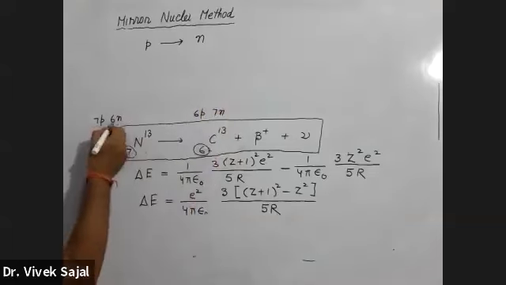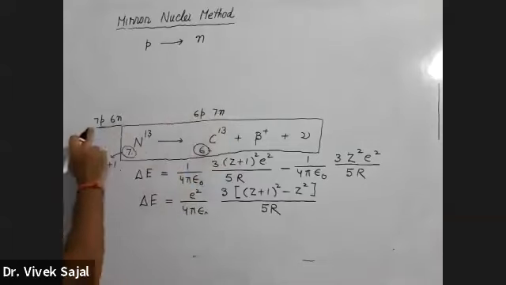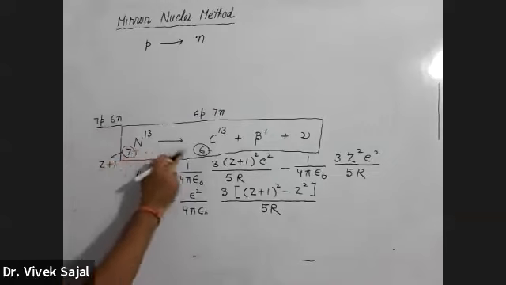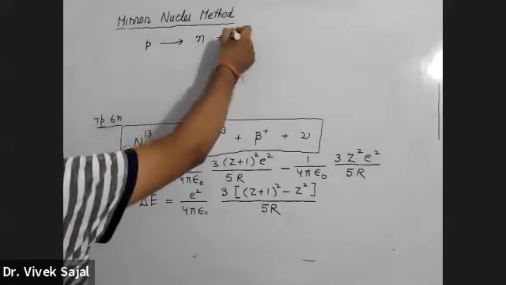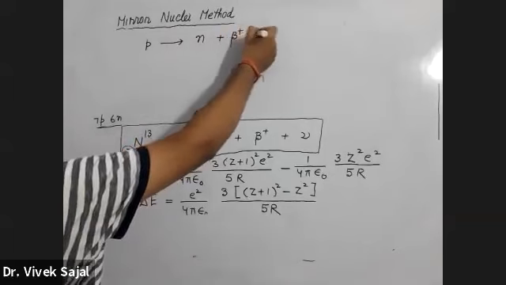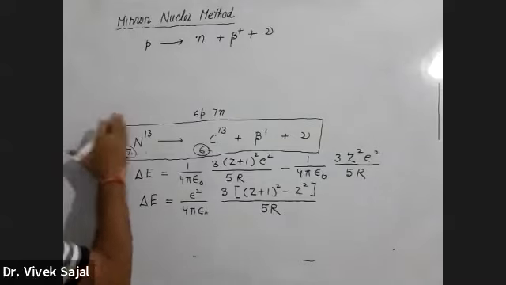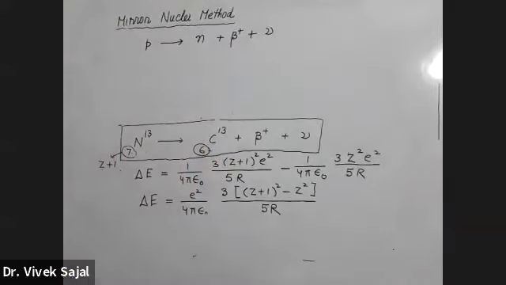So 6 protons and 6 neutrons are present in both nuclei. Here one proton is extra, here one neutron is extra. So you can say in this reaction, one proton is converted into a neutron plus a beta plus particle plus a neutrino. I can also write this equation in that way. The proton is converted into a neutron, and along with this, beta plus and neutrino are emitted.